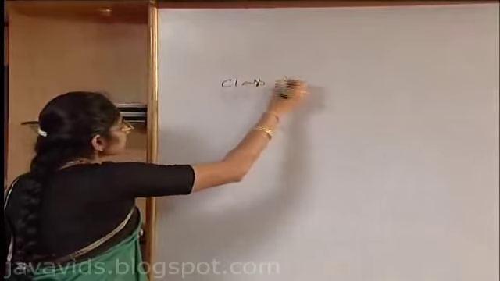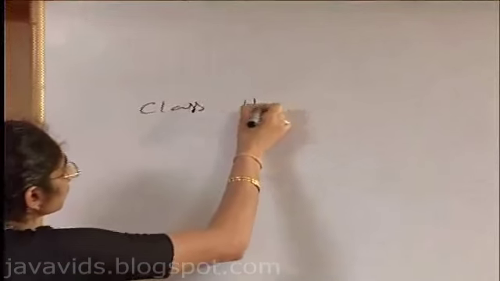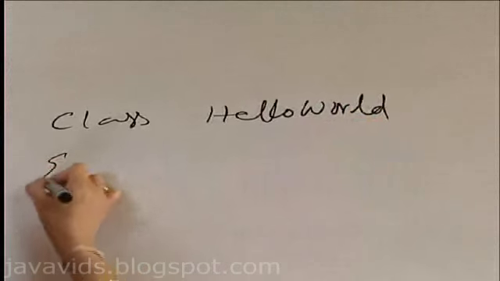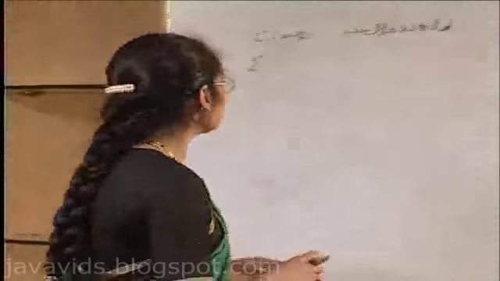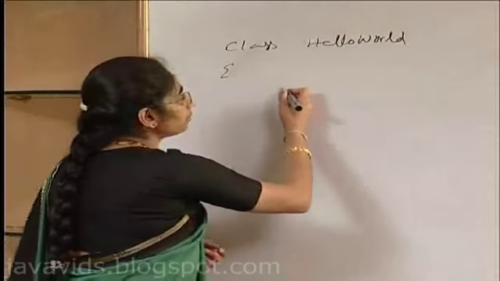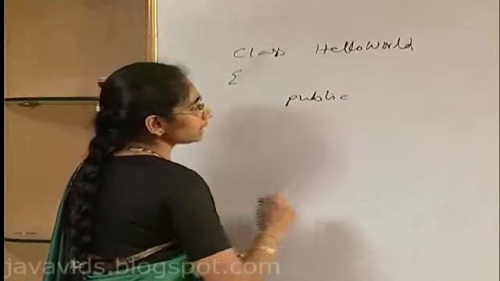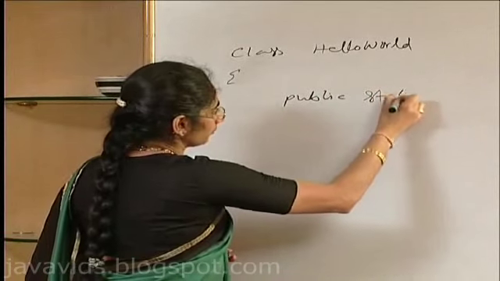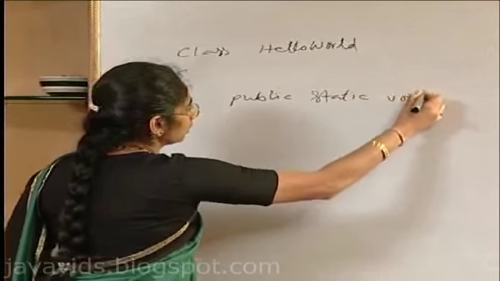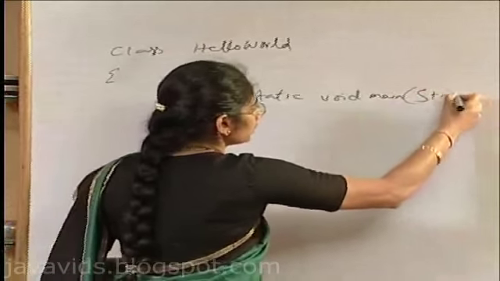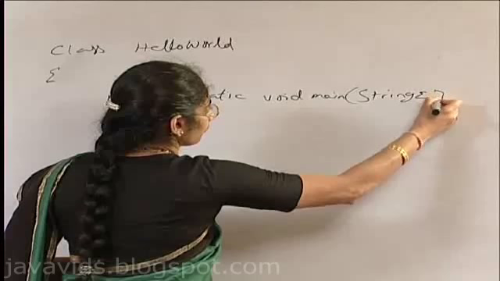So let's say class HelloWorld. As this is a standalone program that we are writing, we need to have a main function. And the main function is written as public static void main of String array.